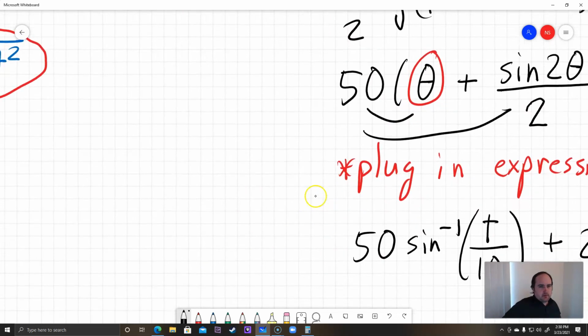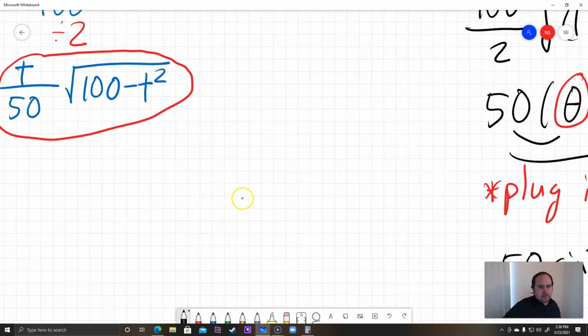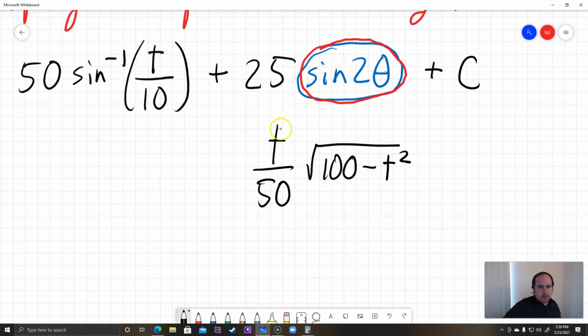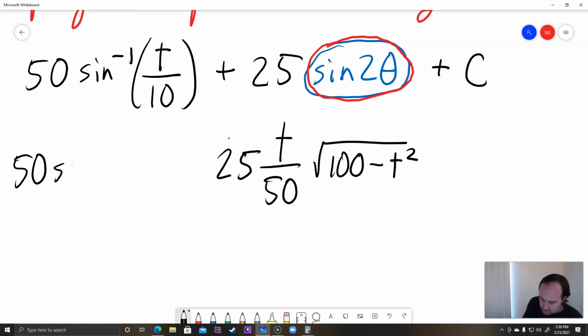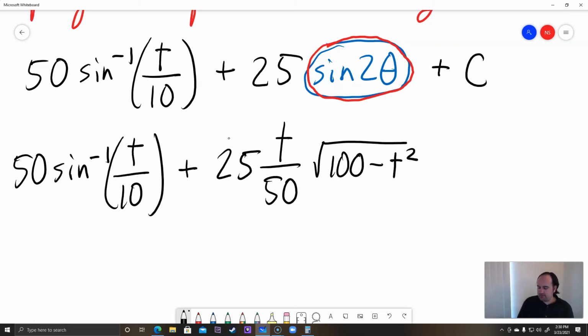That's what I just wrote, isn't it? Yep. And then the rest of this we already calculated. So don't forget there's still a 25 here. Okay, so we have 50 sine inverse of t over 10 plus 25 times t over 50 square root of 100 minus t squared plus c.